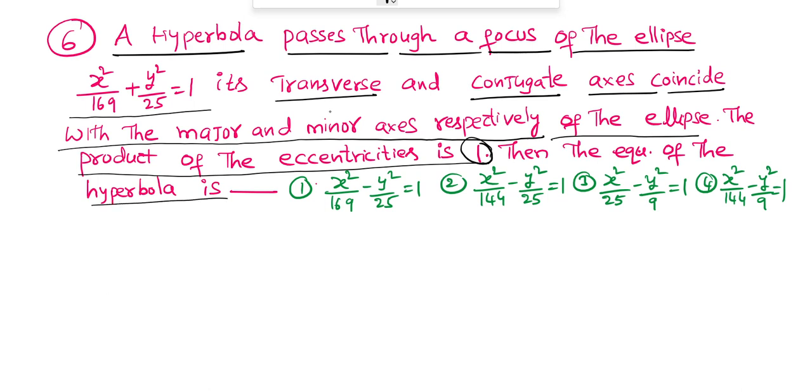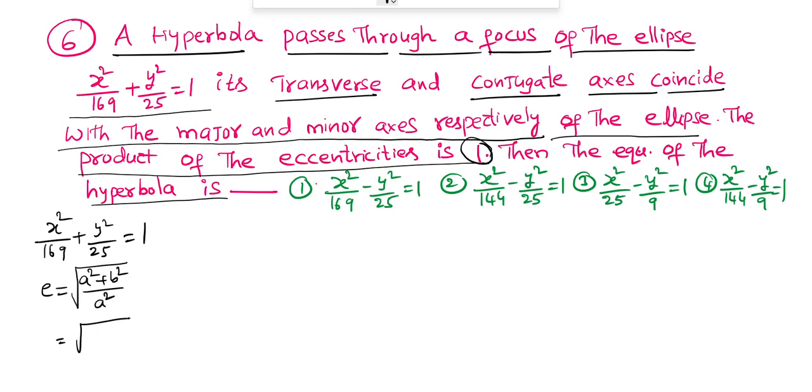Here the hyperbola passes through the foci of the ellipse. The given ellipse is x square by 169 plus y square by 25 = 1. First we find the eccentricity of the ellipse, which is square root of a square minus b square by a square.